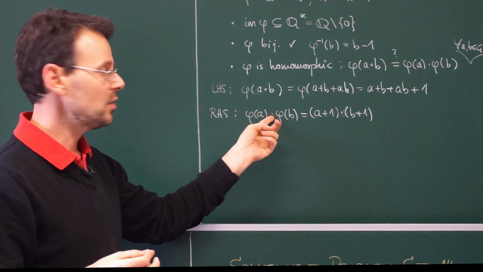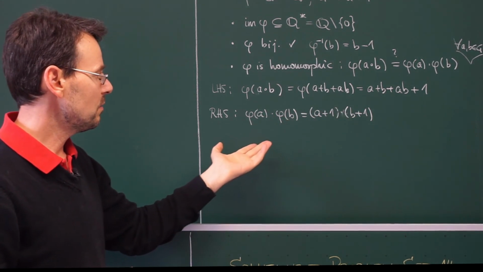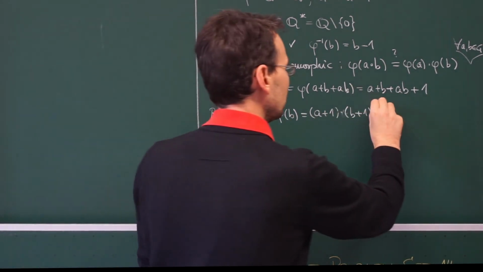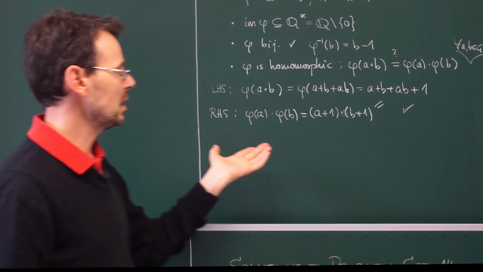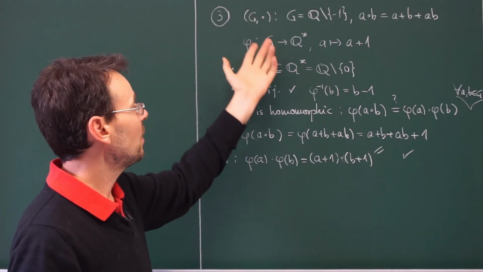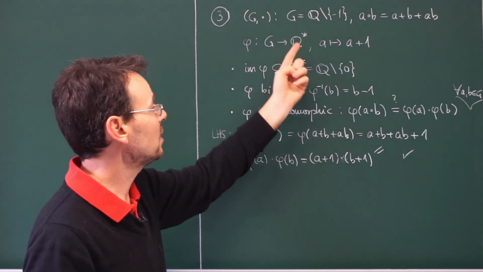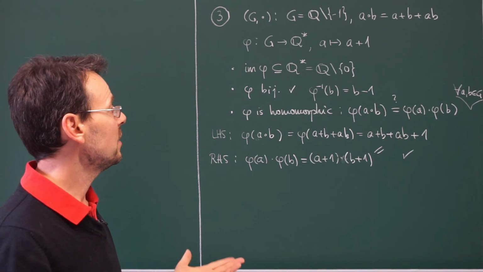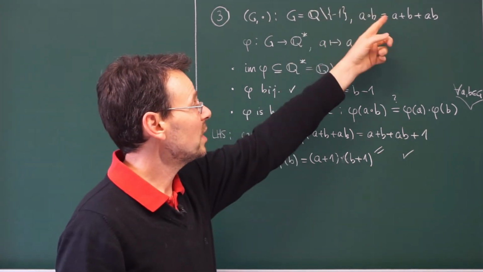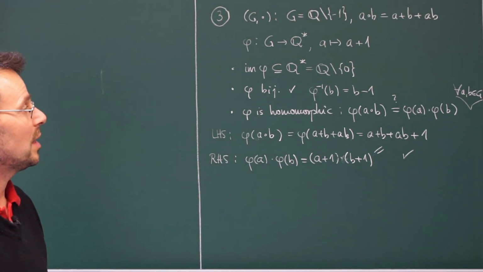This is multiplication in Q. And now simply applying the distributive law shows me that this here and that is the same. I'm being a bit lazy now because it is clear. So we have found a homomorphism that is bijective from this set to the multiplicative group of the rational numbers, and this shows that this strange group here is nothing but the multiplicative group of rational numbers.